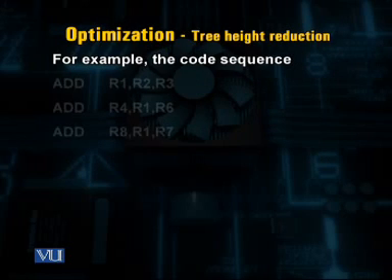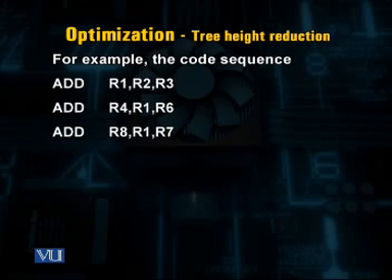In this code sequence, you can see that we have three add instructions. Therefore, it requires three cycles for execution, because all the instructions depend on the immediate predecessor and cannot be issued in parallel.